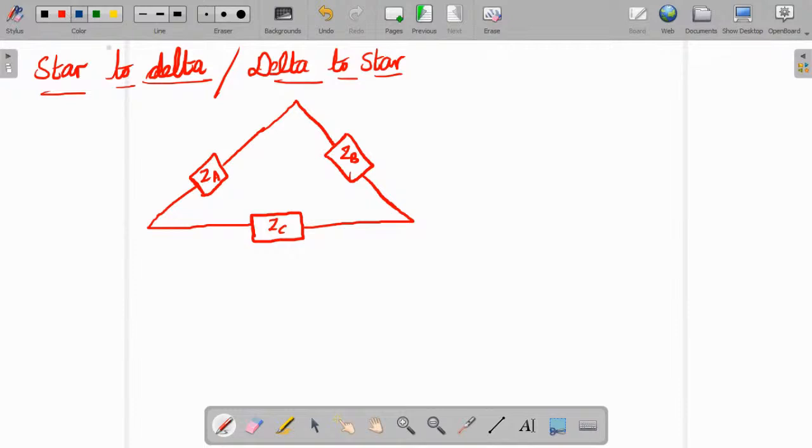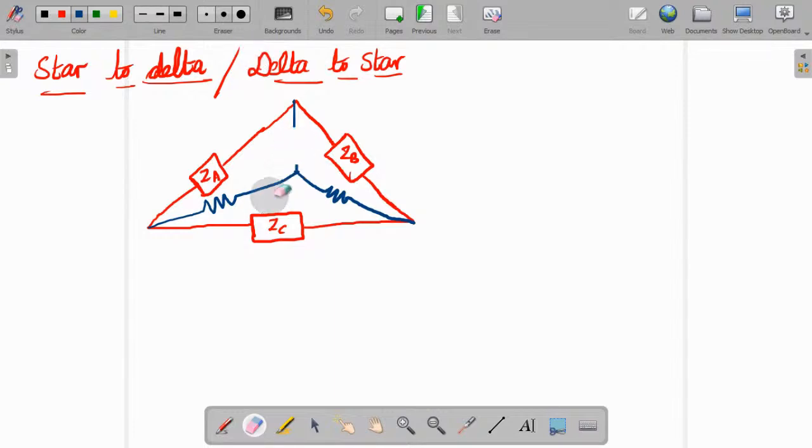So if you are going to convert this delta to star, how will the connection come? Here you will get an impedance.